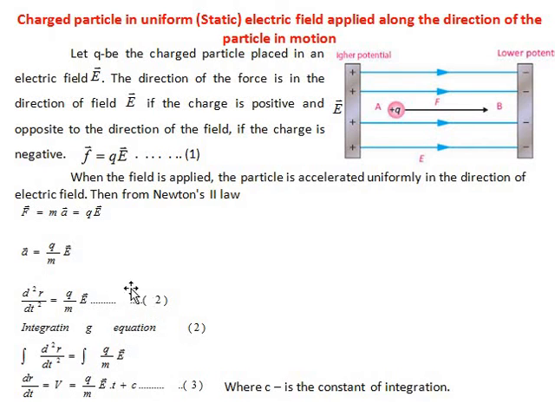Integrating this equation, the integration of d square r by dt square is equal to the integration of q by m into E. So what we get? dr by dt, which is nothing but the rate of change of displacement, is equal to velocity, and it is equal to q by m into E into t, since we are integrating with respect to t, plus one constant, that is c. It is known as the constant of integration.